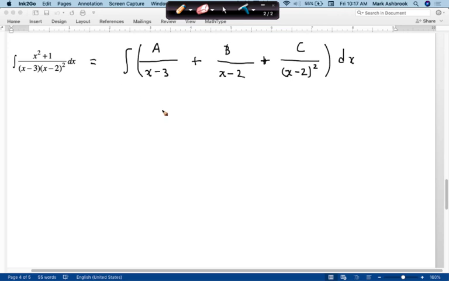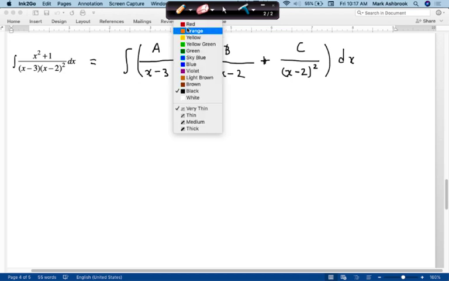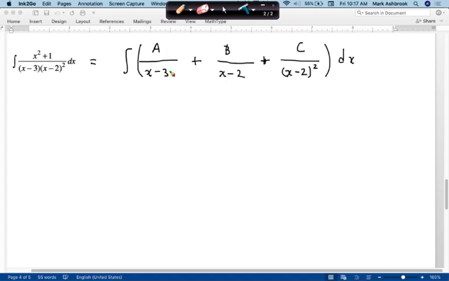Okay, so we're off to the races here. So if we were to add these together, I'm going to do it here. Let's do pretty green here. So what would I need to multiply this one by to get the common denominator? X minus 2, not cubed.